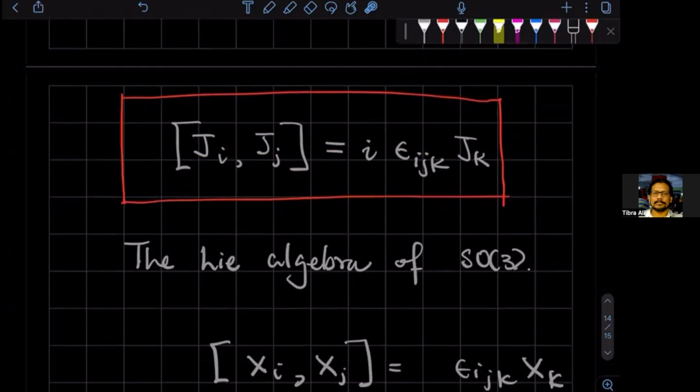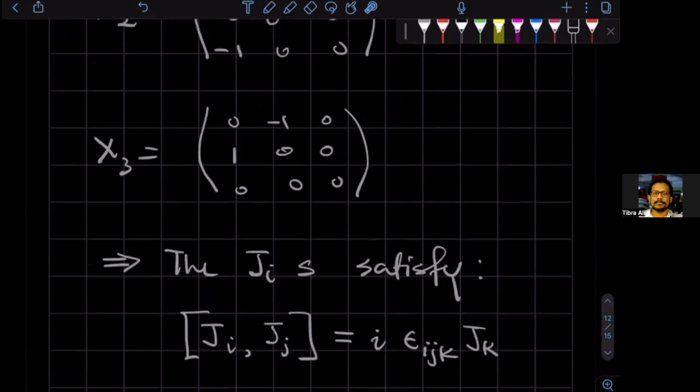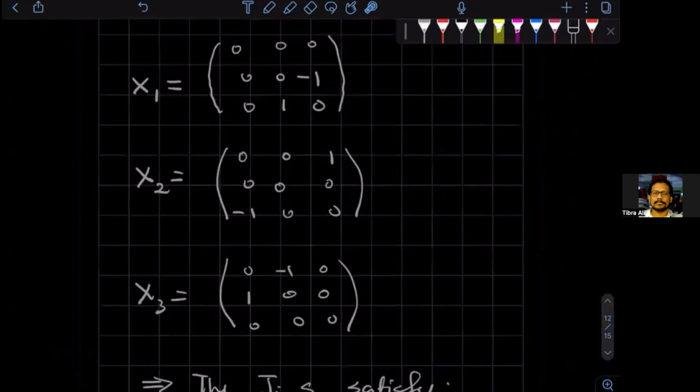But what you can show is that the Pauli matrices are a particular representation of this algebra. And actually, it's the other way around. Depends on your point of view, but this algebra with the specific J's that we have chosen here, like these X's, and let me also write the J's here.